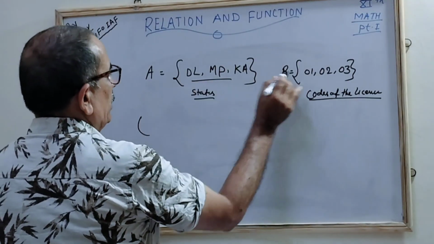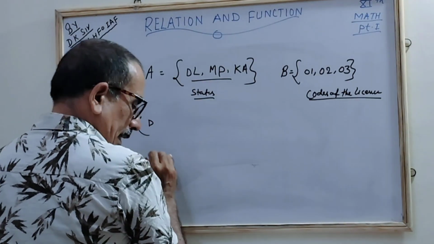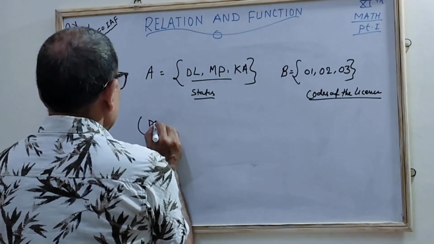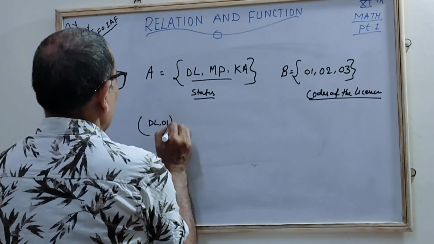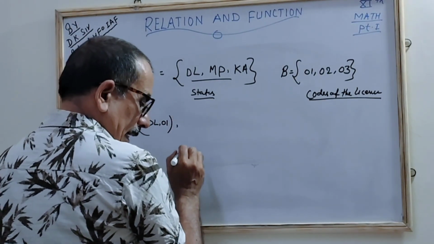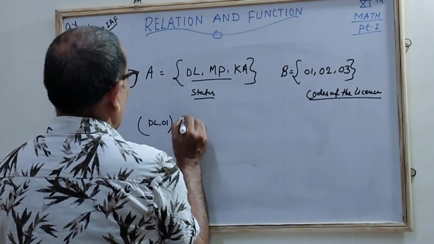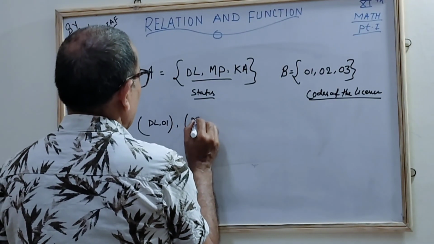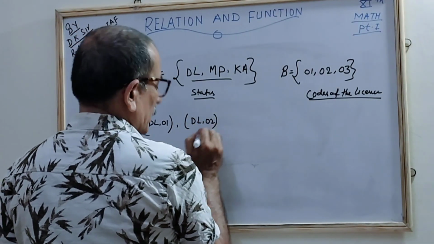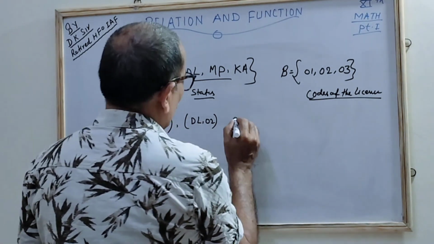The DL into 01, correct? So the first will be DL 01, correct? The next will be DL 02. Am I right? The third will be DL 03. Am I right?